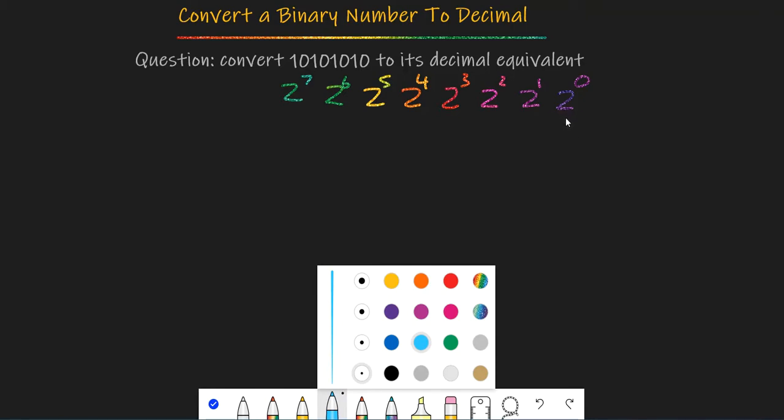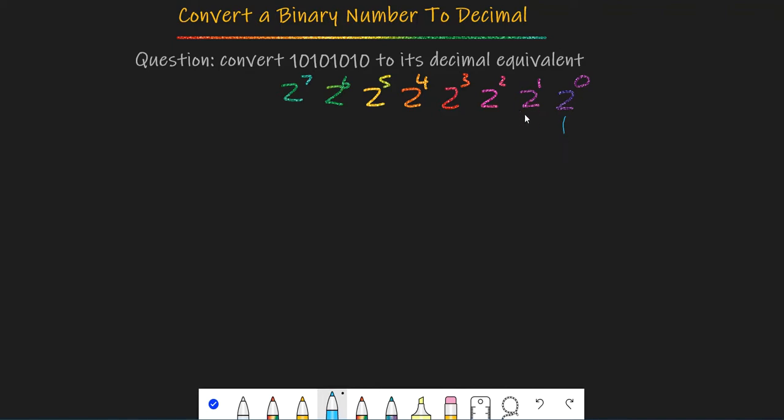So 2 to the power 0 is 1, 2 to the power 1 is 2, 2 to the power 2, as you know, is the same as 2 times 2, which is the 4's column. 2 to the power 3 is the same as 2 times 2 times 2, which is the 8's column. 2 to the power 4 is the 16's, 2 to the power 5 is the 32's column, 2 to the power 6 is the 64's column, and 2 to the power 7 is the 128's column.